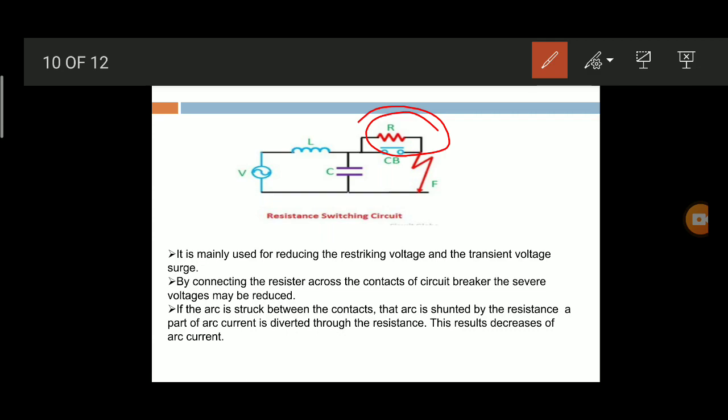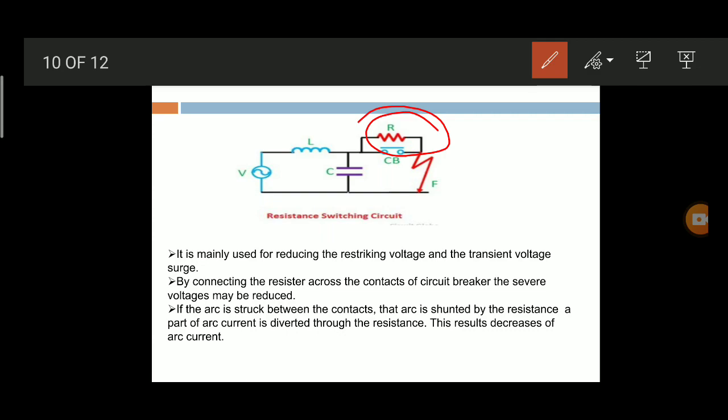Thus, the arc resistance is increased, leading to a further increase in the current through the shunt resistance.